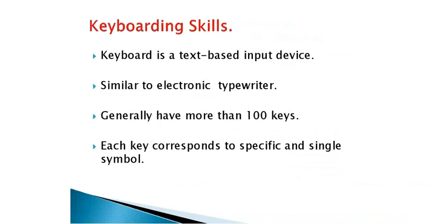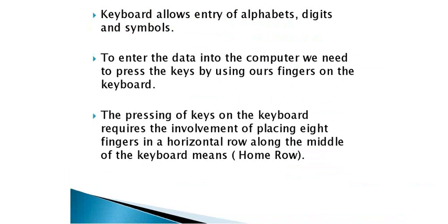It also allows entering of alphabets, that's A, B, C, D up to Z, and the digits, that's 0, 1, 2, 3, 4 up to 9, and symbols. Symbols include hash, percentage, at the rate of, star.